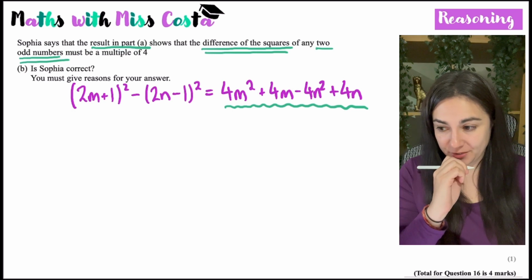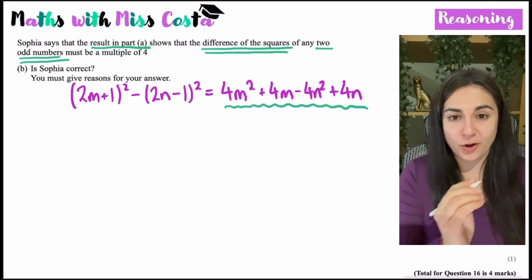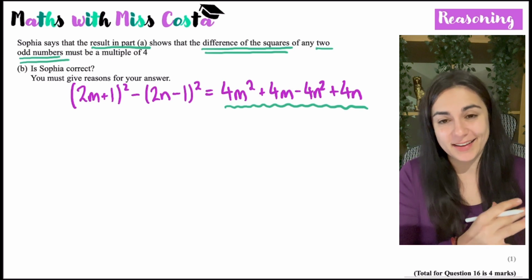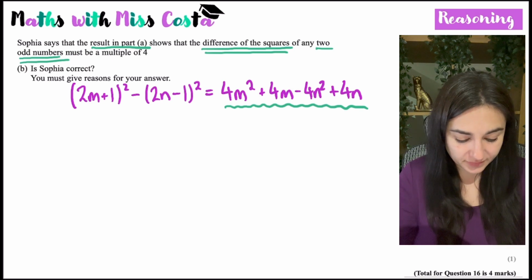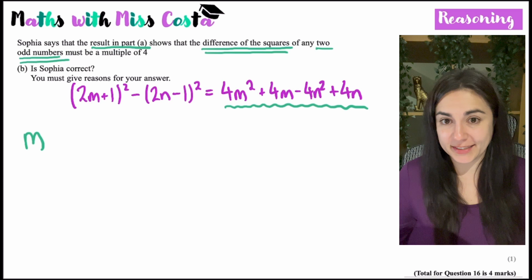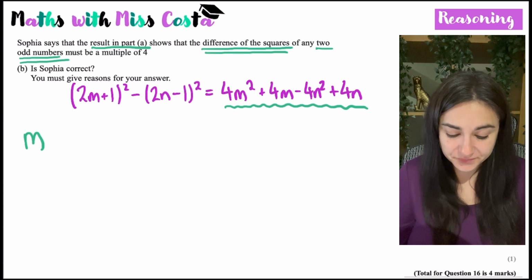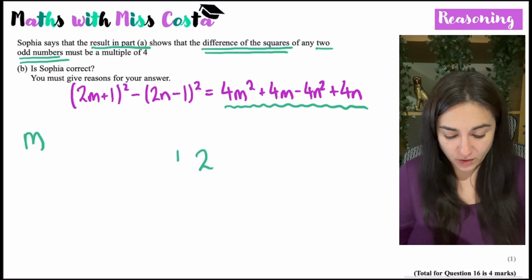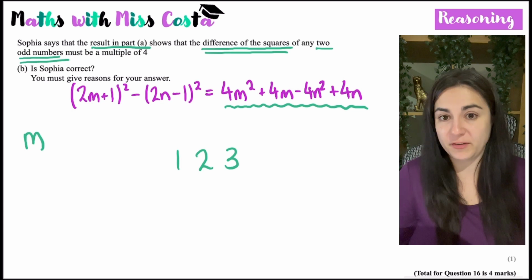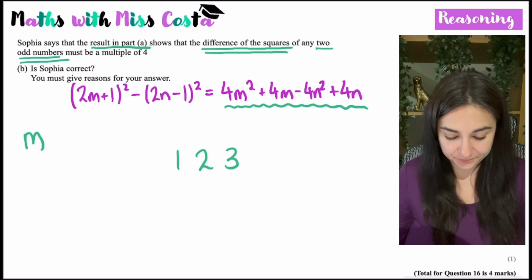So just a quick recap or overview of how to prove anything is an odd or an even number. If you take any number, let's call it m. So m could be 1, it could be 2, it could be 3, it could be 500. Doesn't matter what it is.